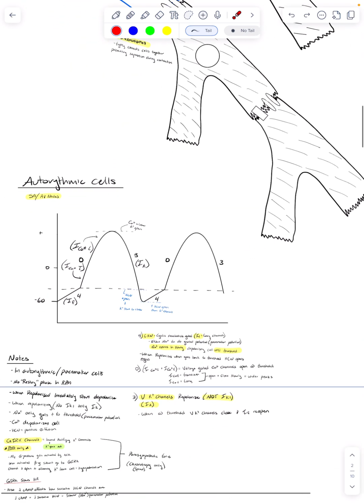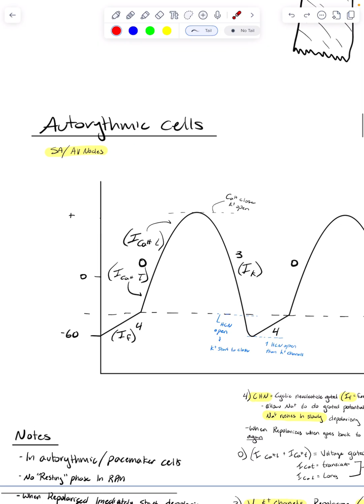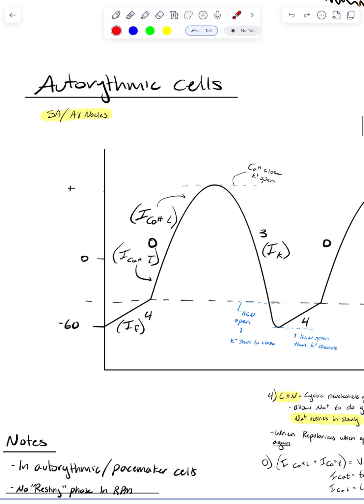So these autorhythmic cells, they actually depolarize in a really interesting way, which is what I was saying before. They have a resting membrane potential at -60. We have these IF channels. They're current funny channels. They're actually really weird.